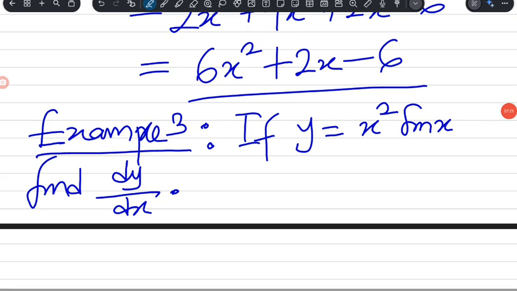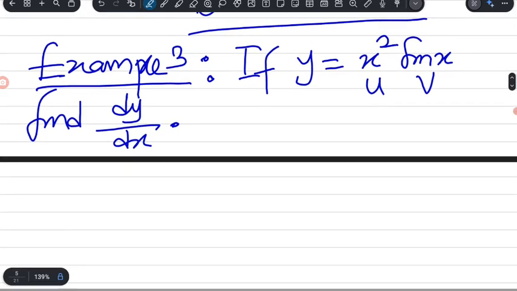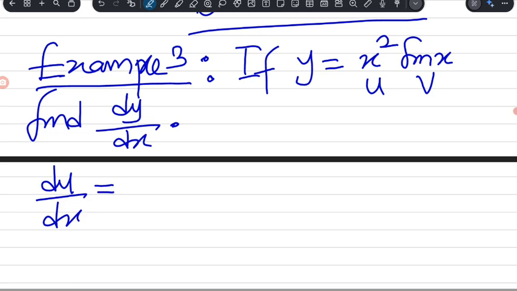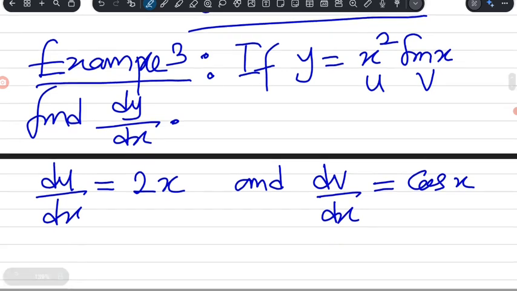In example 3, as we can see, we said u = x², v = sin x, as we have started from the beginning, that du/dx gives us 2x and dv/dx gives us cos x.